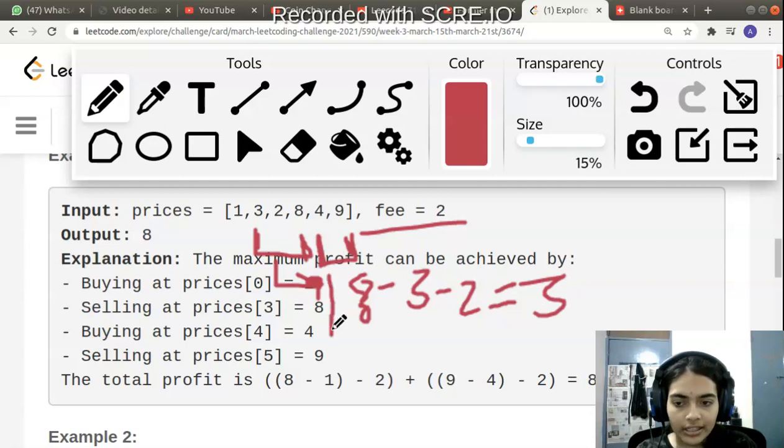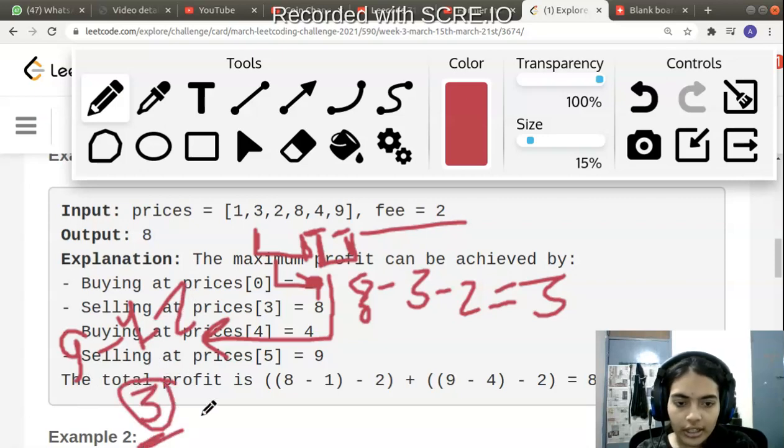In the second transaction, you buy at 4 and sell at 9, so 9 minus 4 minus 2: 9 minus 4 is 5, 5 minus 2 is 3. You earn a profit of 3 in both transactions, so a total profit of 3 plus 3, which is 6.